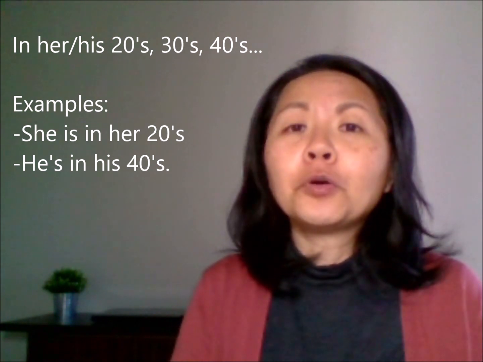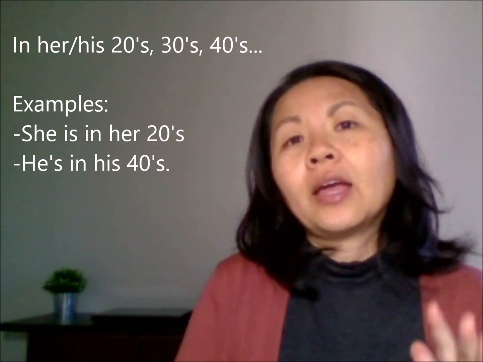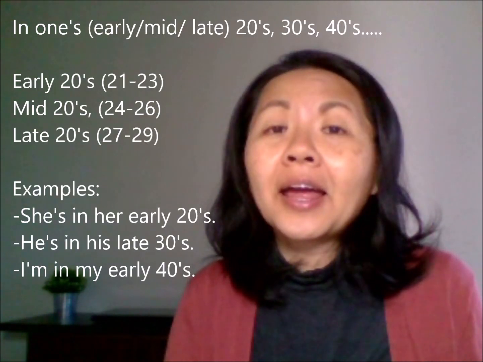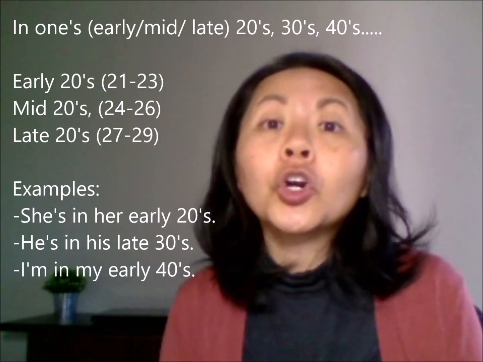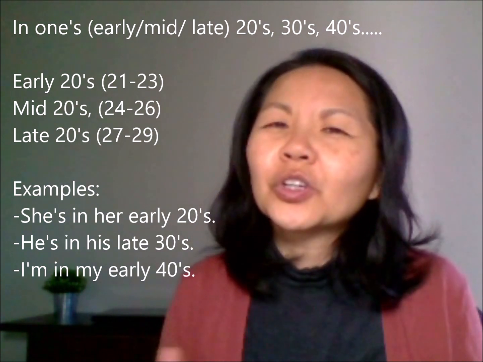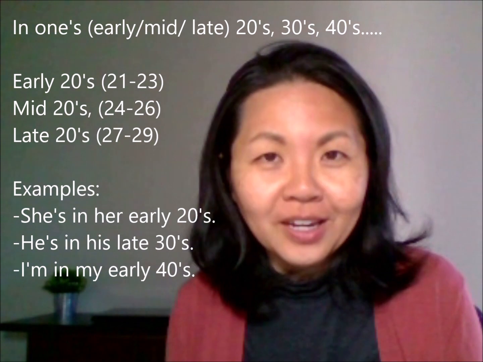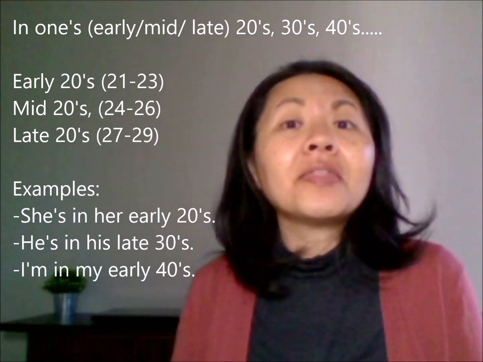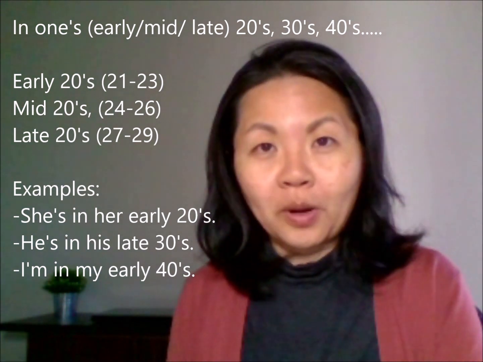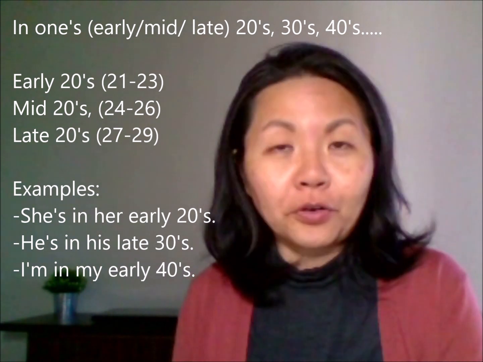Now, if you want to tell somebody you're in the early 20s, you can say, I'm in my early 20s. So early 20s would be like 21, 22, 23. And then we have in the mid 20s or in the mid 30s.